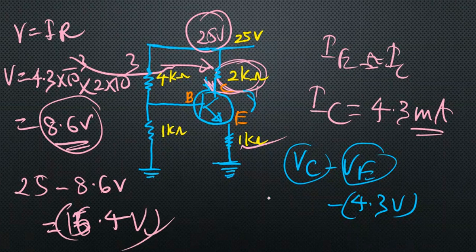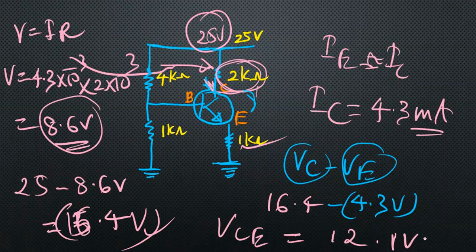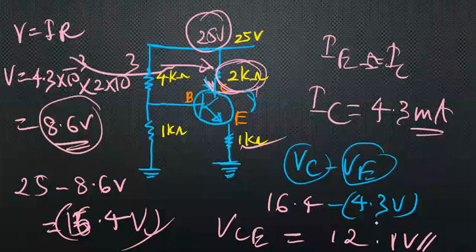That means that is VC. So it's 16.4, and the difference from VE is VCE. Let's take the difference: 16.4 minus 4.3 gives 12.1 volt as VCE. Now we have all the answers.